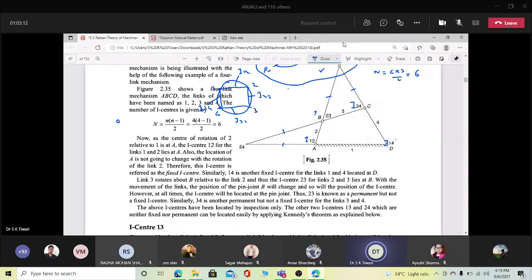Now what I have to do, I have to connect two vertices in such a manner that the original figure 1 2 3 4 is splitted in 2 triangles, and the side forming the split of this figure is a common side for both the triangles. It means simply, जो मैंने इतना प्रवचन दिया है, इसका मतलब क्या है, just connect 1 to 3. Okay, and this will represent the eye center I13.